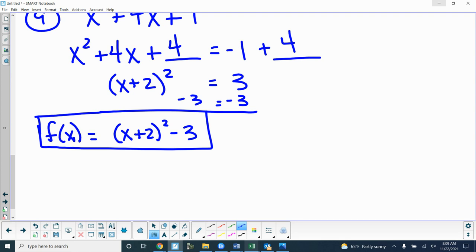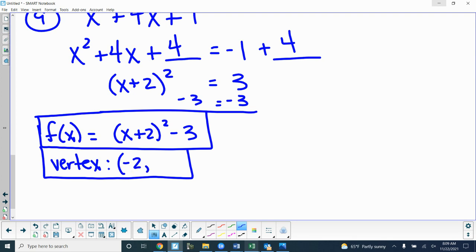Okay. I'm also looking for the vertex. And I can do that by just looking at this. What's the opposite of plus 2? Minus 2. And whatever's out here is your vertex. That's why we call that vertex form. We can look at it and tell what the vertex is.